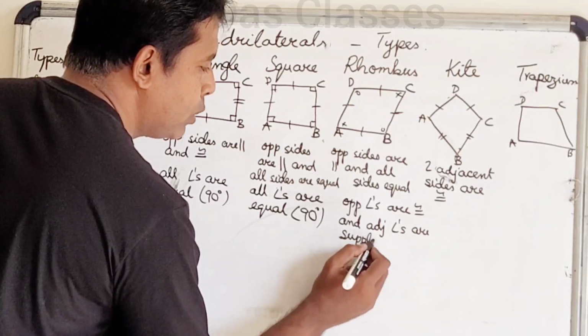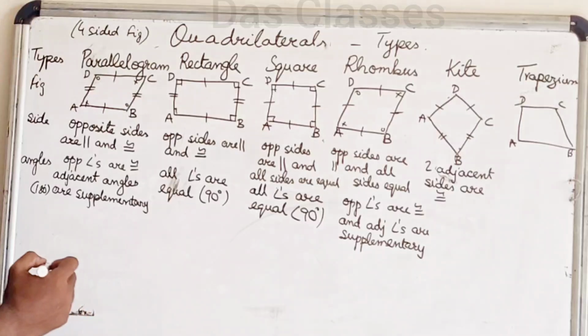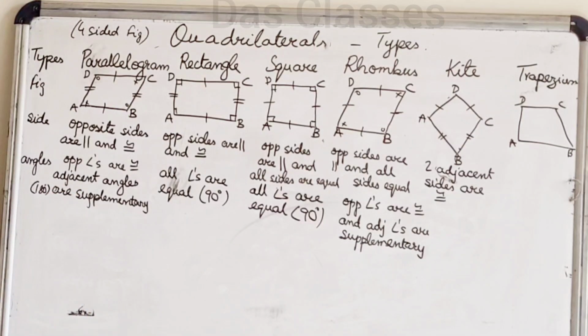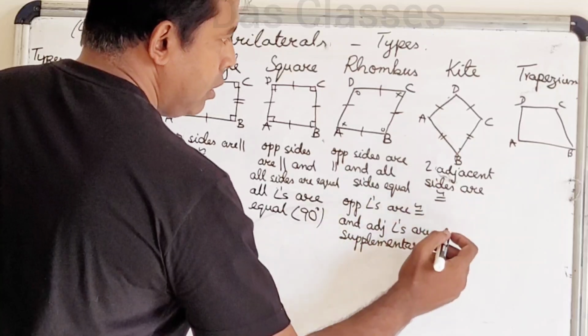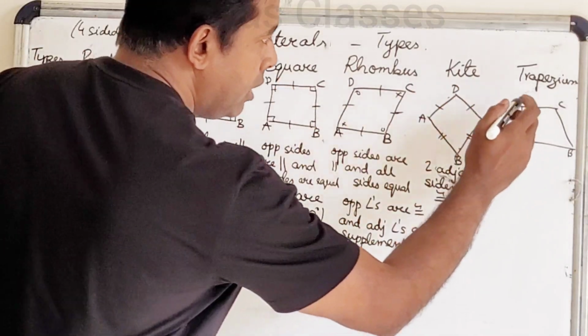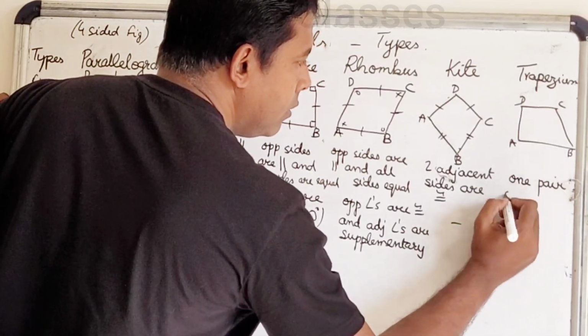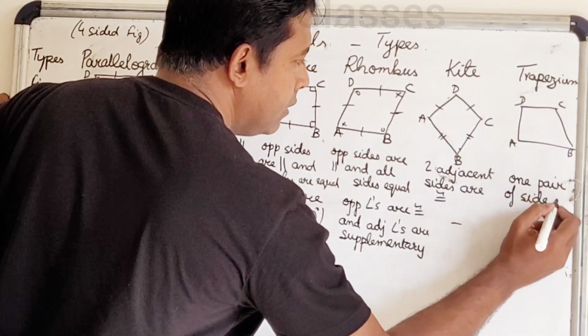That is, their total is 180 degrees. In case of kite, there's no such thing. No angles are equal, so we can put a dash. Trapezium we did not write. In trapezium, one pair of sides is parallel.